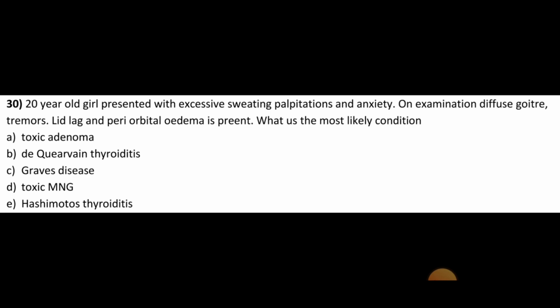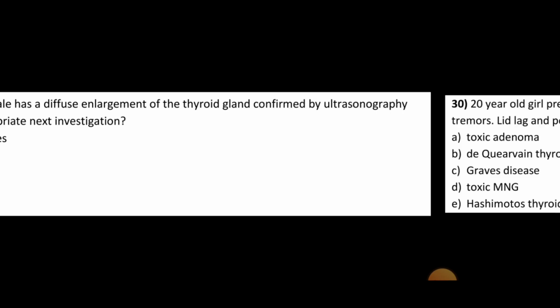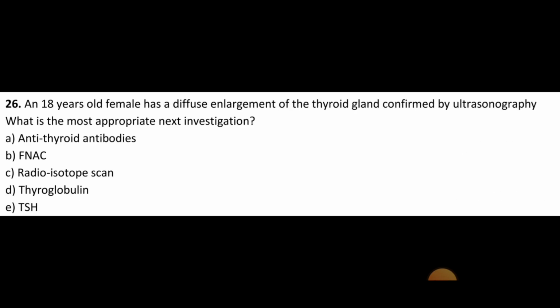And toxic multinodular goiter also causes nodular enlargement of the thyroid gland, and Hashimoto's thyroiditis is also out because it does not cause ophthalmopathy. So if you are clear about the theory regarding hyperthyroidism, then you can easily answer these questions. This is another question.